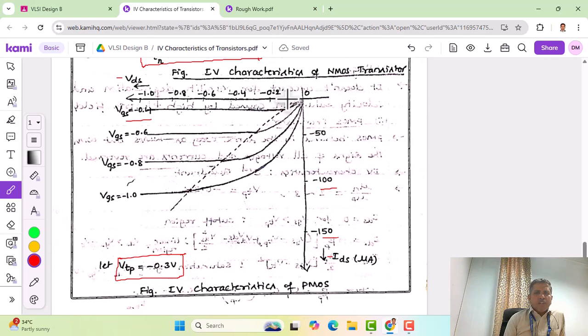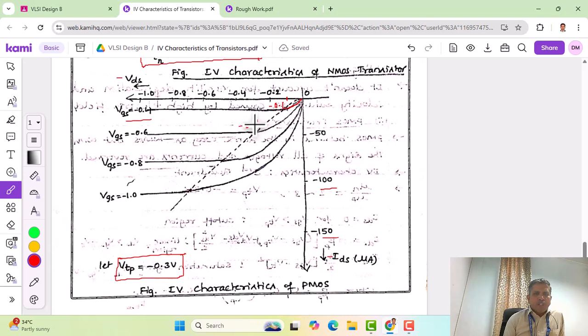So somewhere here we have minus 0.1. Till that there will be a linear region. This is a linear region. When VGS equals minus 0.6, let me write it here so that you understand. This is minus 0.1 where the linear region commences, and here we have minus 0.3 because of VGS equals minus 0.6.